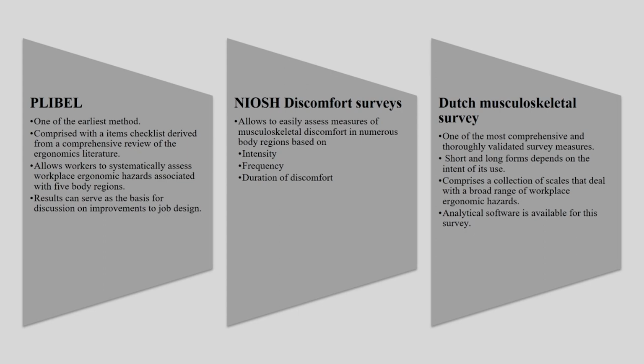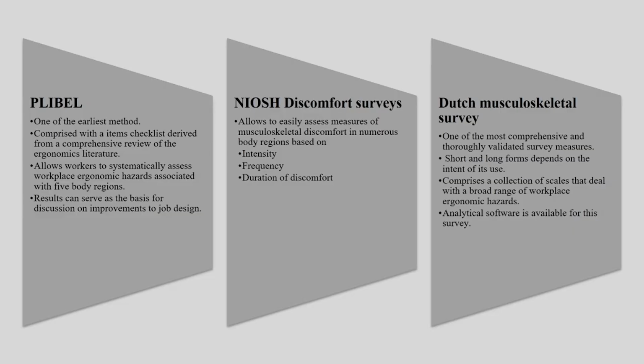So what they have done is list the items in a particular checklist, and all these variables being discussed in PLIBEL are derived from musculoskeletal health related literature. It allows workers to systematically assess workplace ergonomic hazards associated with 5 body regions that we are going to discuss, and the results can serve as a basis for discussion on improvements to the job design.